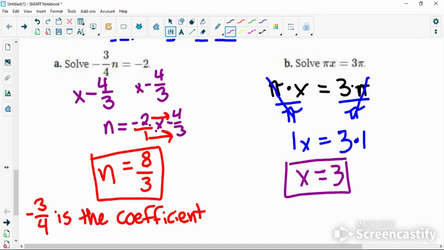So x equals 3 is the solution. If you need to, pause the video to finish getting down the information, and then press play when you are ready for the 2 questions for you to try.